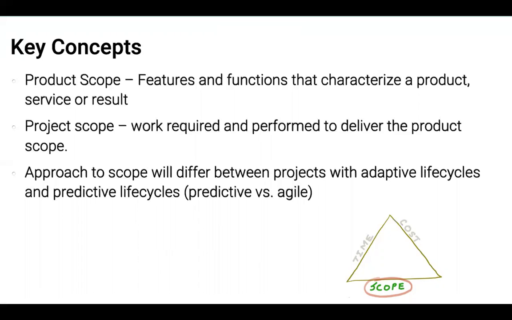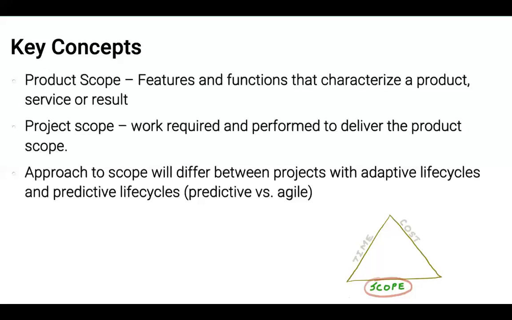And within scope, there are two different ideas that I need to highlight. We have the product scope, and product scope is what we want the thing to do. So features and functions that characterize a product, service, or result. Product scope is the things that we want our widget to be able to do after the widget is produced.